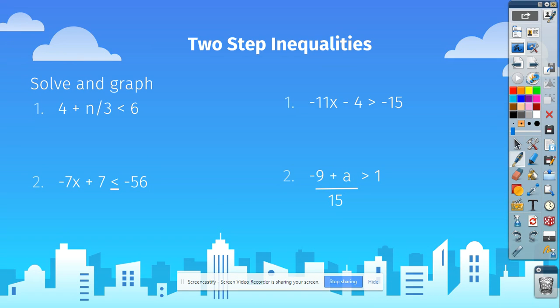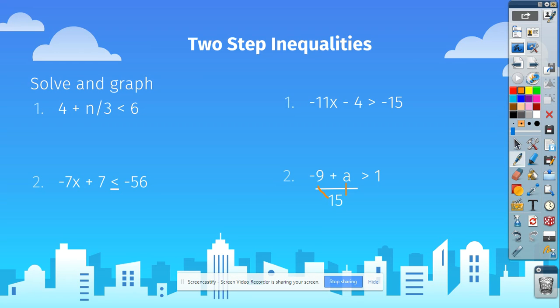So in number 2 on this right side over here, we have negative 9 plus a being divided by 15. That means the 15 is dividing the 9 and is also dividing the a. We cannot leave this 15 over here.